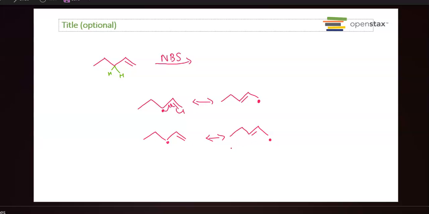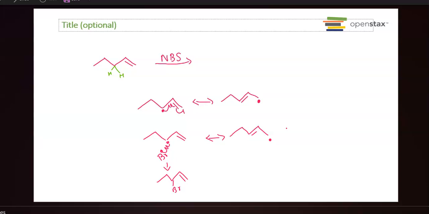So these are the two resonance structures of the allylic radical. Now, if this radical reacts with bromine, again remember bromine is coming from our NBS, then you get bond formation over here. This will give you the structure with the bromine at this carbon atom.